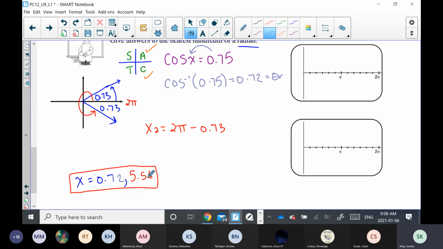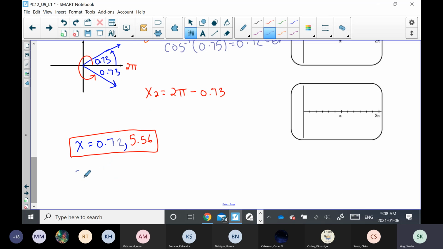Now we need to write each one as a general solution. Writing this as a general solution, you would say x is equal to, I'm going to take that answer, 0.72, and to that answer, I'm going to add 2 pi n. That will give me any solution in the domain, x is an element of the real numbers. I take my second solution, 5.56, and to that solution, I'm going to add 2 pi n.